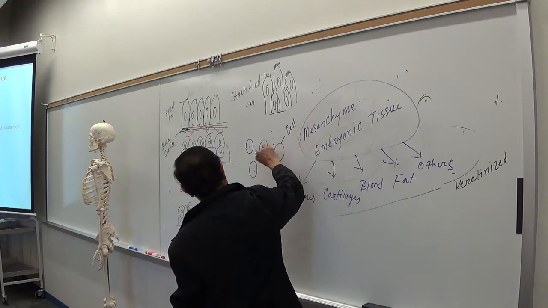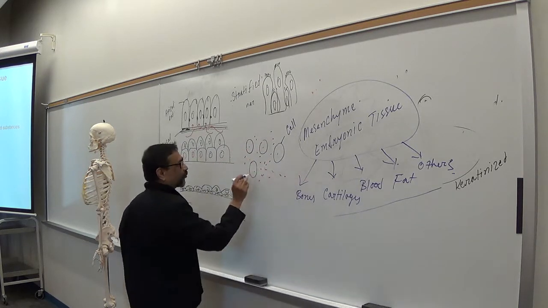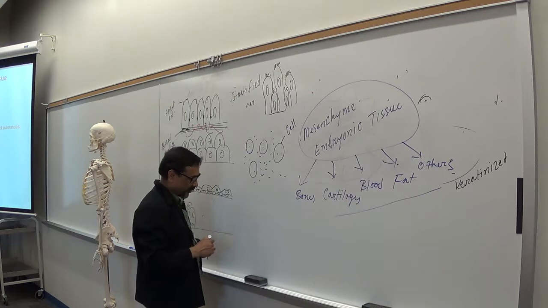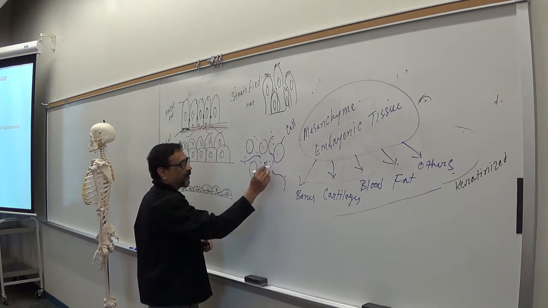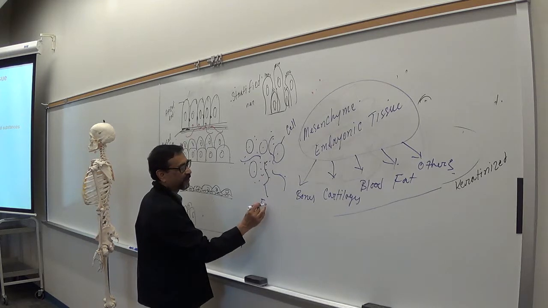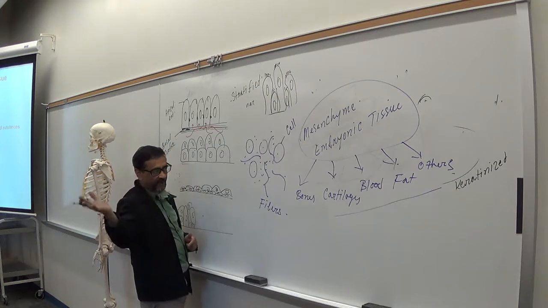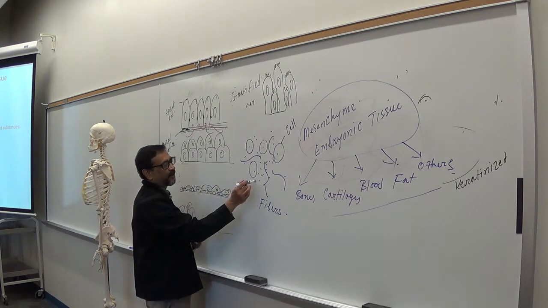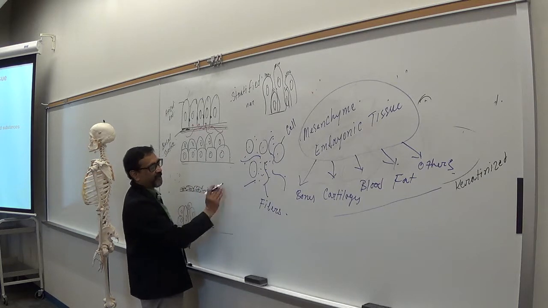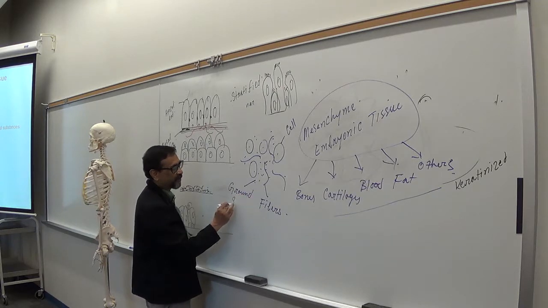In between the cells, the space is filled by two things: fibers, of which there are different types, collagen fibers, elastic fibers, reticular fibers, and chemicals, that is called ground substances.